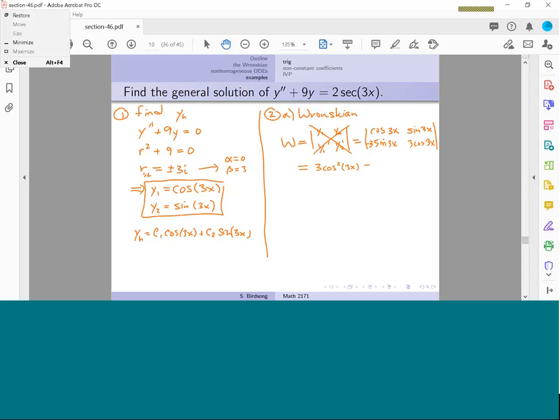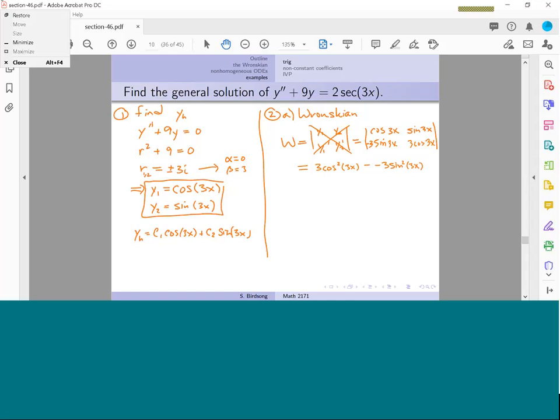Okay. So when we multiply up that off diagonal, we'll get the negative 3 sine times regular sine. So this will be negative 3 sine squared. And of course, the two negatives there are going to turn into a positive. Well, if you have 3 cosine squared plus 3 sine squared, what's that going to turn into?